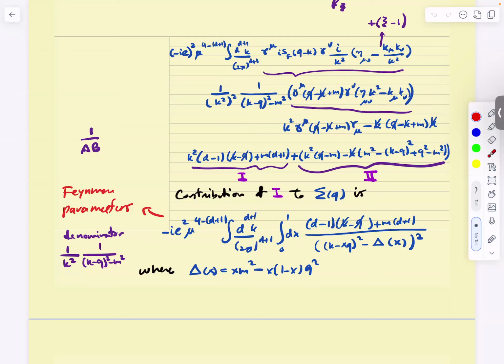I'm only treating the first term, the I term. Can you see how this expression comes about? There's some algebra, of course, that we'll take care of, but structurally it's still the same.